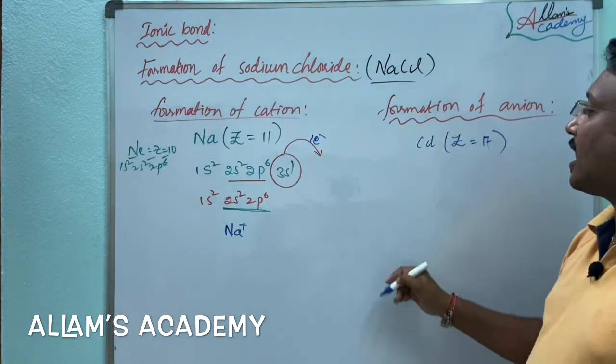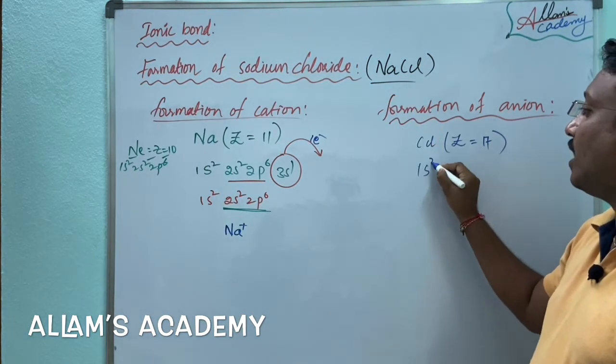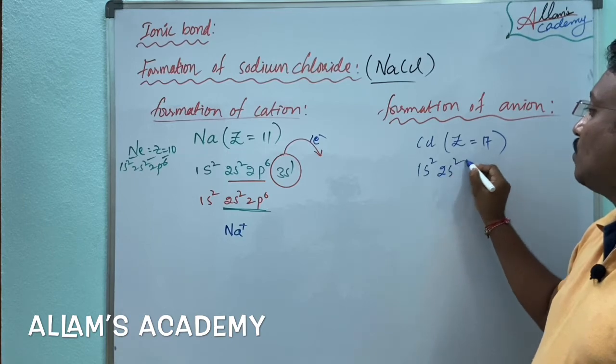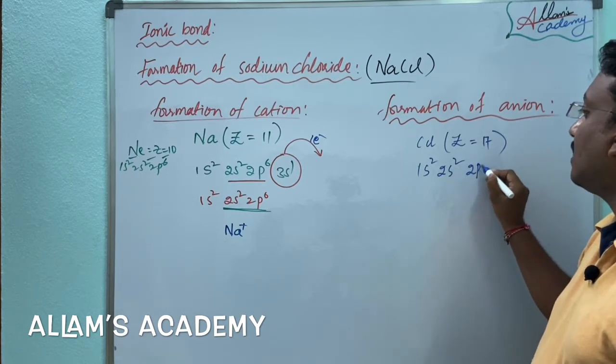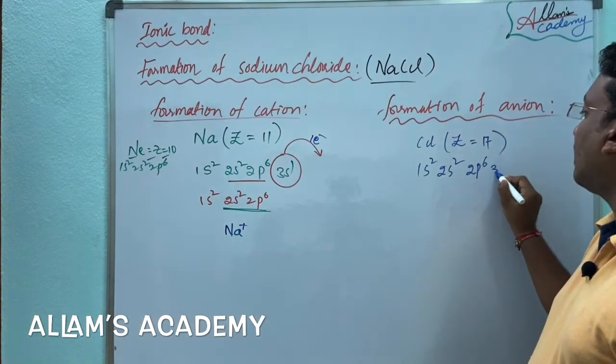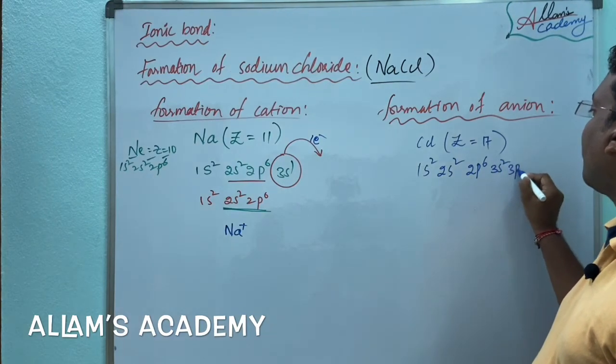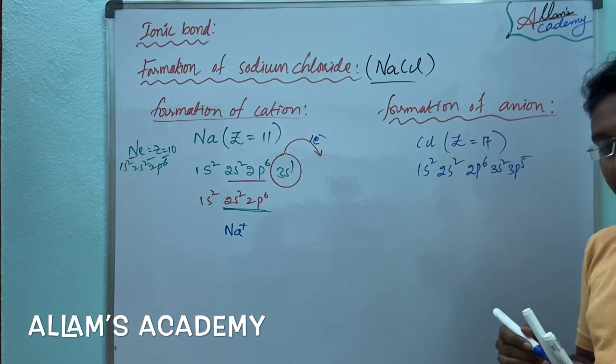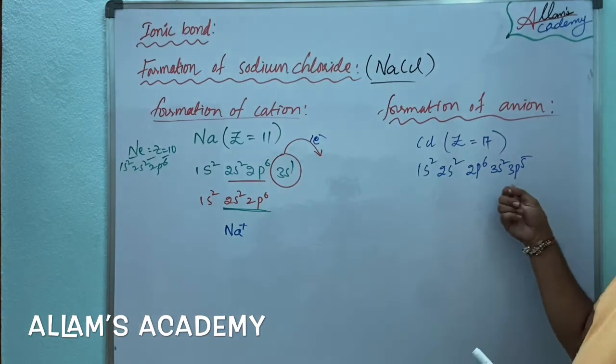So its electronic configuration is 1s2, 2s2, 2p6, 3s2, 3p5.